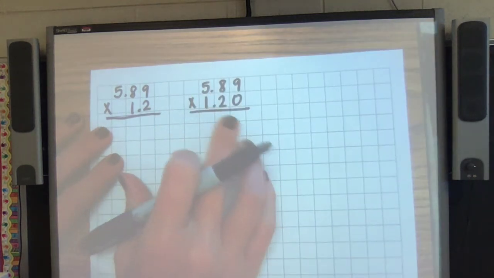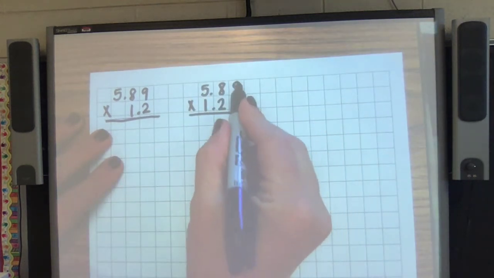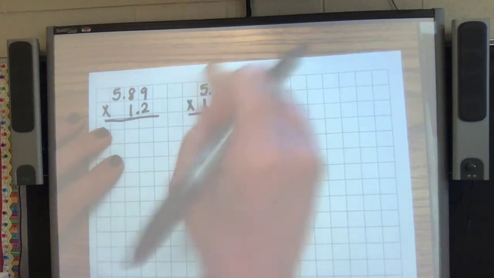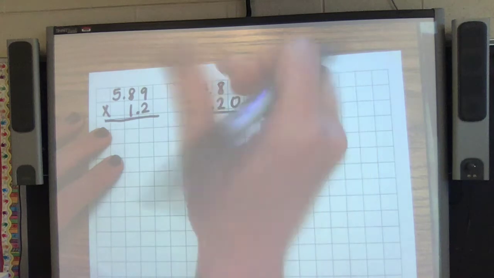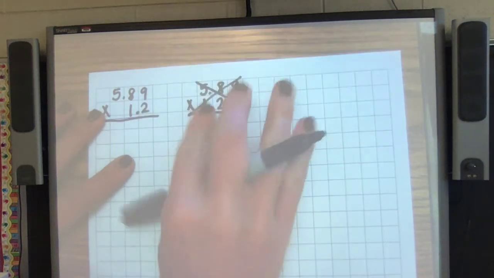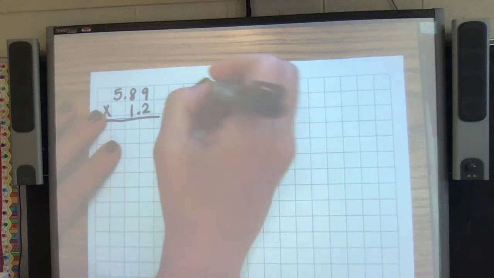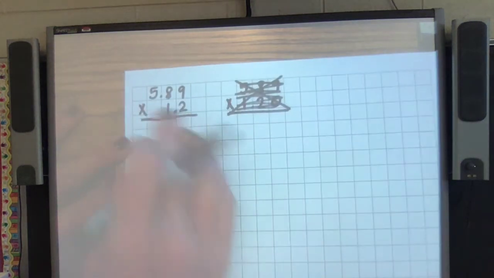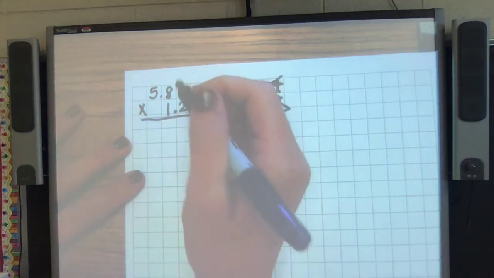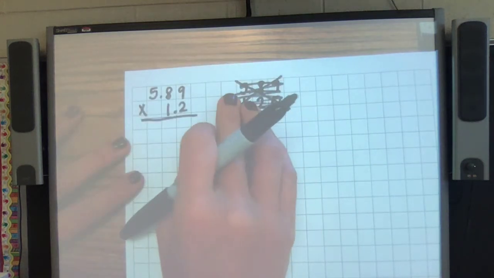I don't recommend doing that because now you have 3 different digits that you're multiplying by. It's going to give you more work and it may confuse you. Could you, if you want to? Yes. I'm not going to show it that way because I would rather you keep it like this, even though I know that we've been lining up our decimals and that might be confusing for you, but I want to show you why it's okay not to do that here.